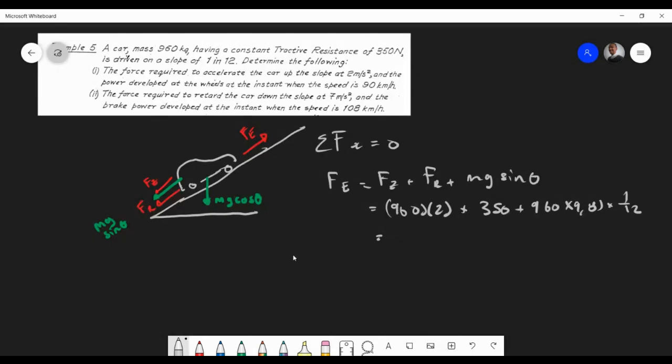Let's just quickly see. 960 times 2, where 2 is the acceleration, plus 350, plus 960 times 9.81 times 1 over 12. What answer do you get?